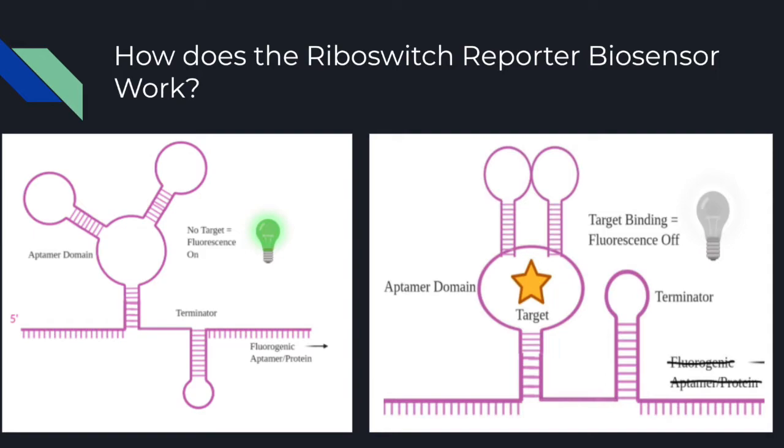However, in the second picture, as you can see, the target molecule binds to the aptamer domain because cyclic diGMP is present. Cyclic diGMP is the target molecule. This, as you can see, turns on the terminator. And once the terminator turns on, it stops the transcription, therefore there's no color expression.